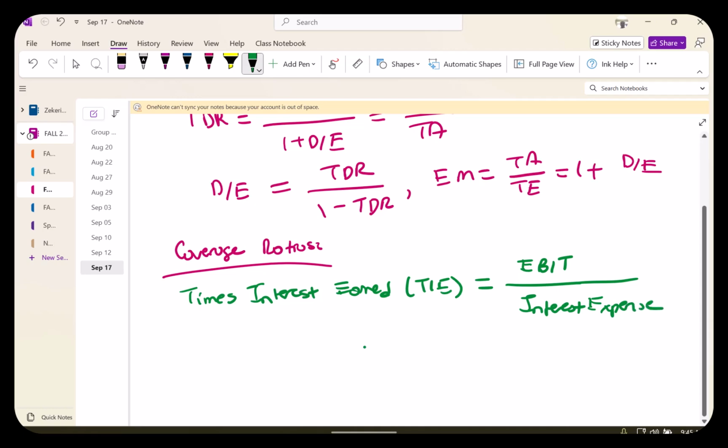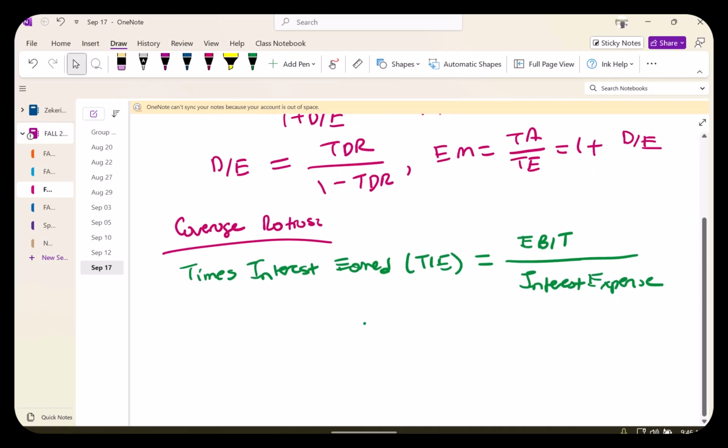And EBIT is short for earnings before interest and taxes. That's the number we want to look at because remember, as a corporation, I make my interest payments before I have to worry about taxes, because taxes are not determined before you make the interest payments. So before I have to make the interest payments and taxes, to what extent can I cover my debt service.